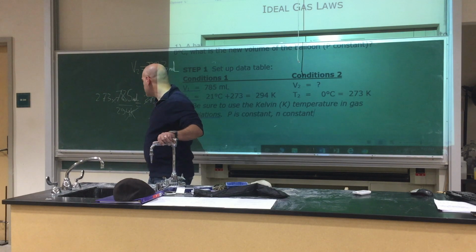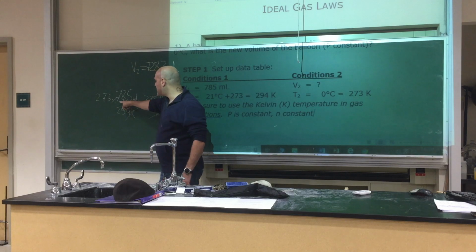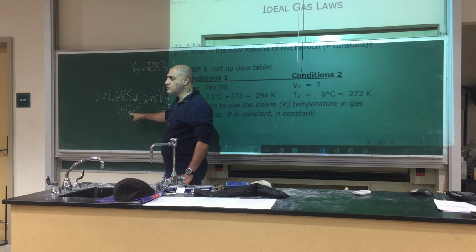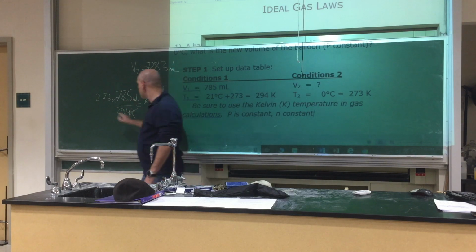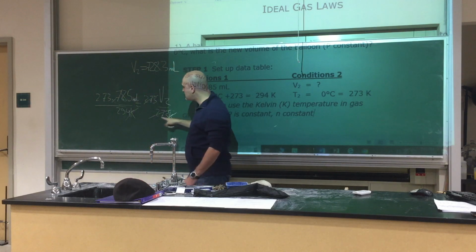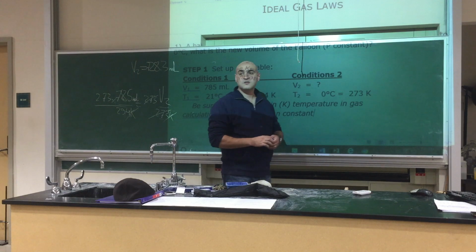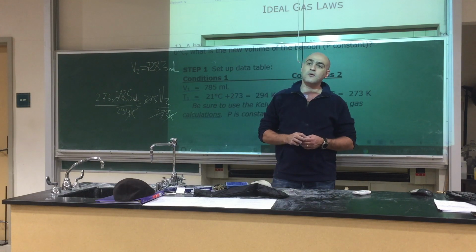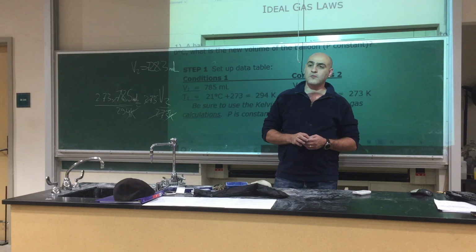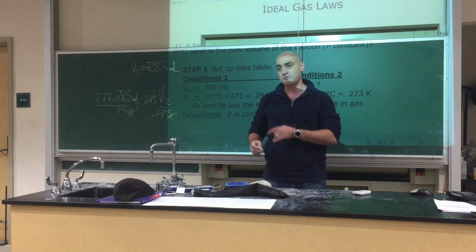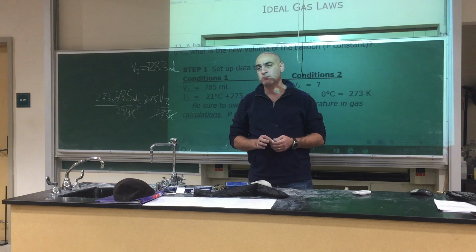So 273 times 785. I'm just doing the volume chart. Because I cross this up. It's divided here and multiplies there. Yes, Nina? If I use V1, T1, V2, T2, it's the same thing. That's exactly what we use.